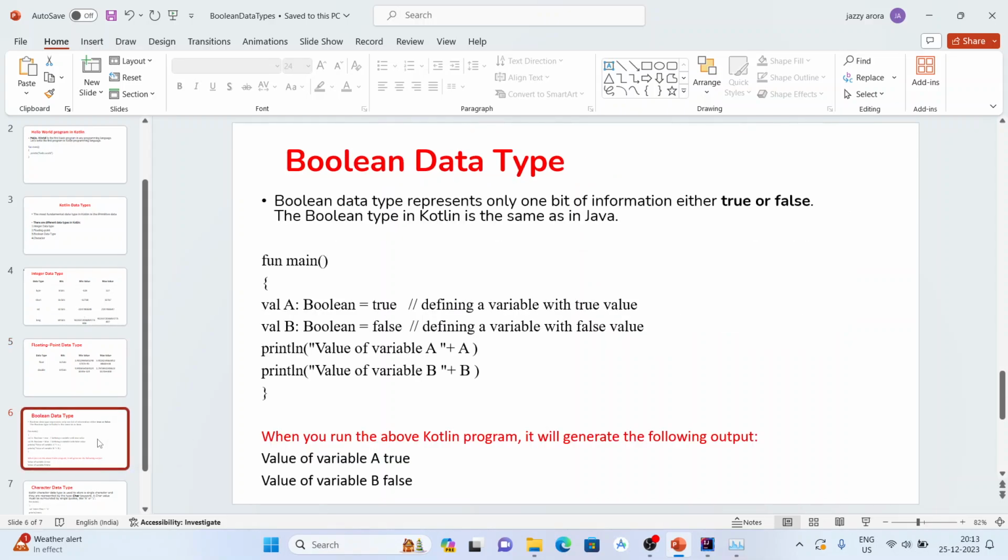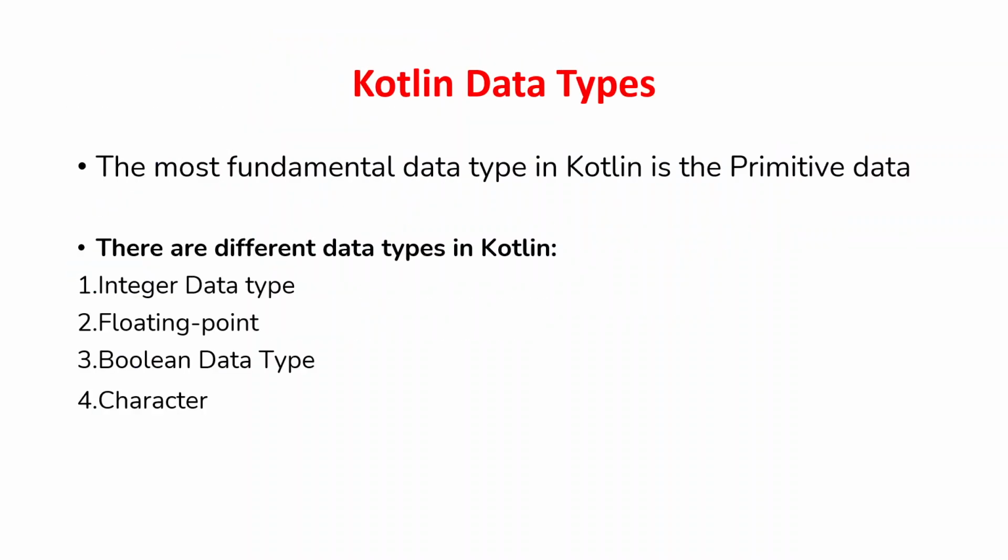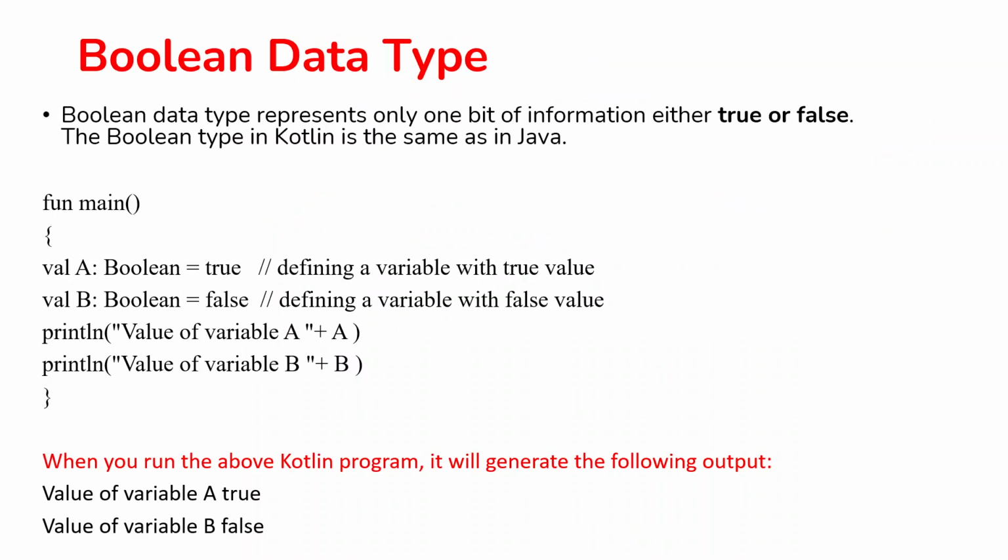Now let's talk about the Boolean data type. The next type of primitive data type is the Boolean data type. The Boolean data type represents only one bit of information, either true or false. If we are expecting a variable which will return either true or false, we will use the Boolean data type. The Boolean type in Kotlin is the same as in Java. If you have studied the Java programming language, the Boolean data type is the same as Java.